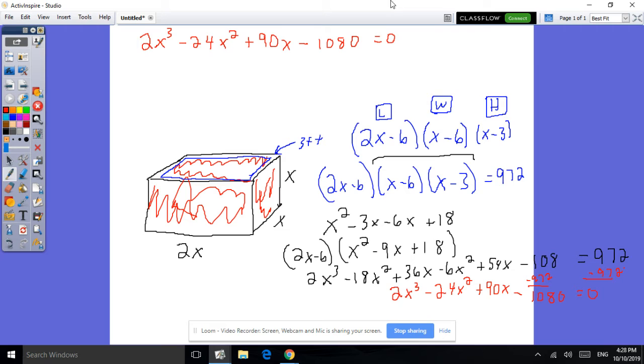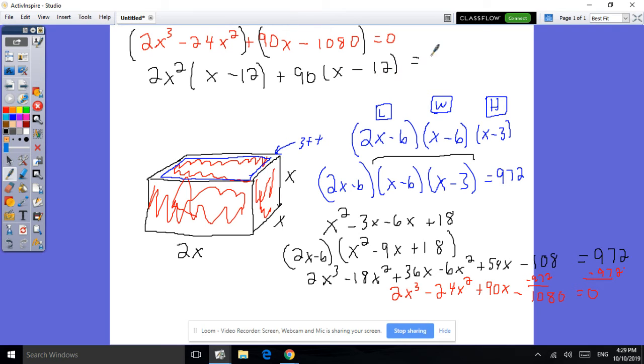All right. To factor this, you're going to use factor by grouping. You're going to group the first two because we have 4 terms. If y'all remember this from way back, not that long ago. So now I'm going to take this. Greatest common factor is what? 2x squared. So 2x squared factor it out, I'm left with x minus 12. Plus, over here, my greatest common factor is 90. So it's going to be x minus, and if you divide 1080 divided by 90, you get 12.